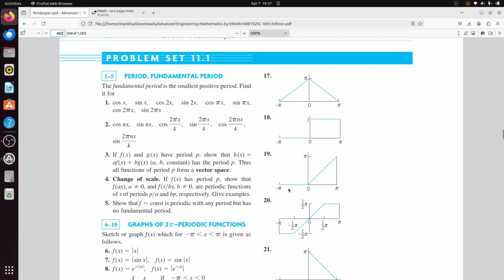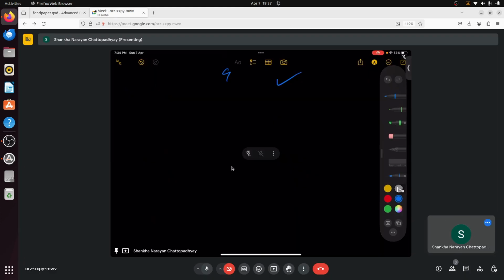Okay, let's move to question number 19. What is question number 19? Question number 19 is: see, from minus pi to 0 it is 0, and then the increment is 1, then it is x.